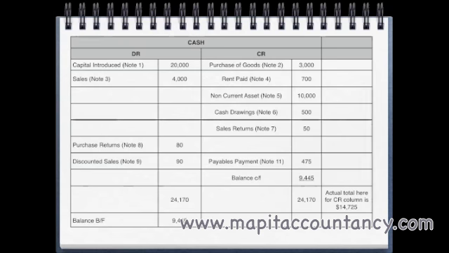So 9,445 is our balance carried forward. We now take that down to the other side. So we bring it across to the debit side and put it under the 24,170 and call it the balance brought forward. That's the amount we're looking for because remember, cash, for example, is an asset, it's a debit balance, so we need it to be on the debit side.